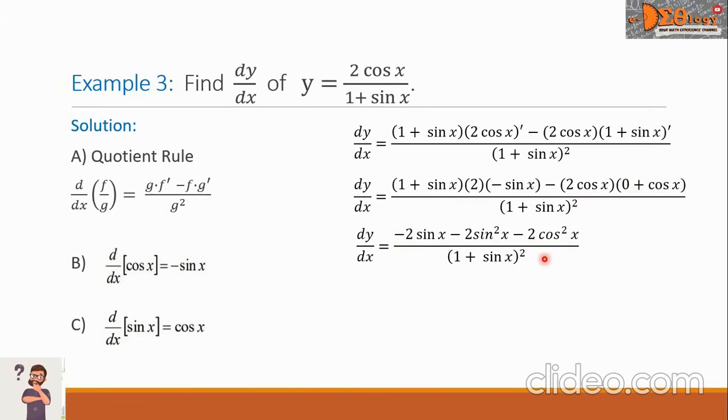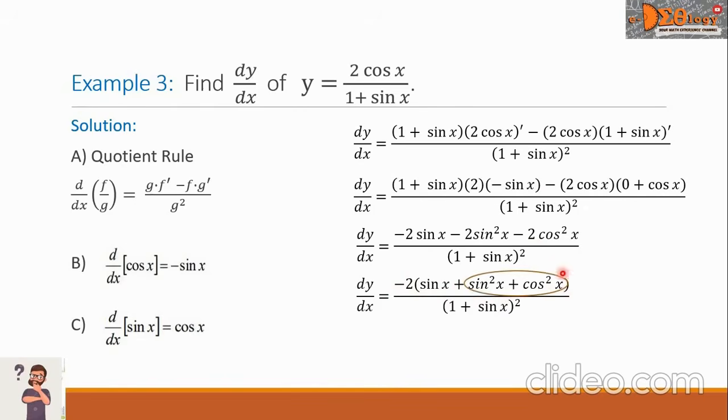Please observe in the numerator that we have a common factor, and that is the negative 2. We can pull out the negative 2, so we have this negative 2 times the quantity sine x plus sine square x plus cosine square x all over the same denominator.